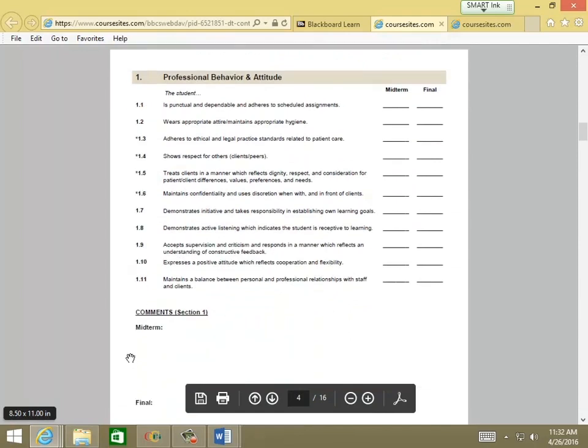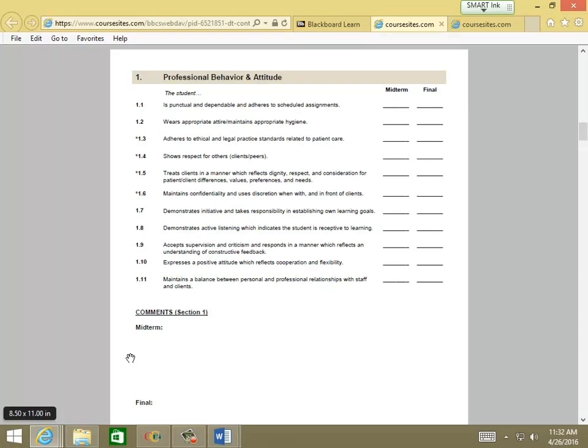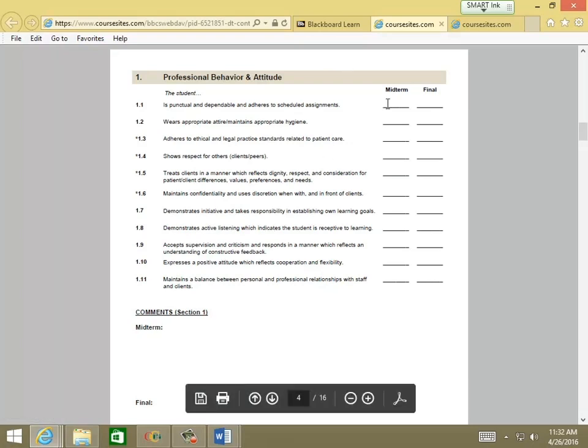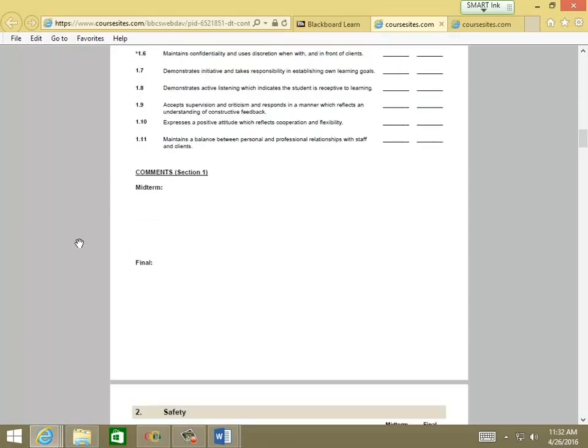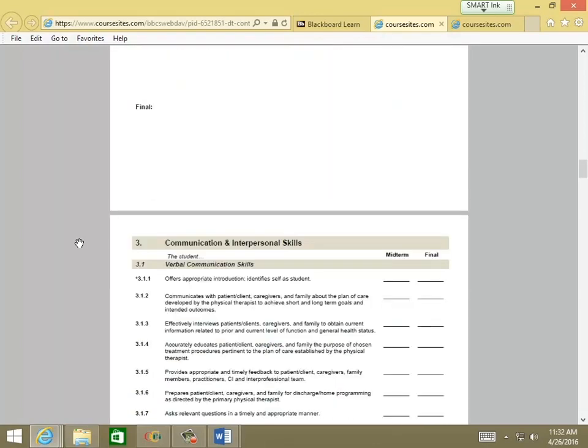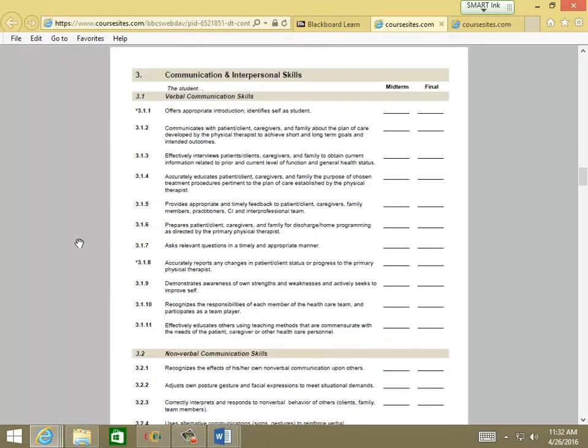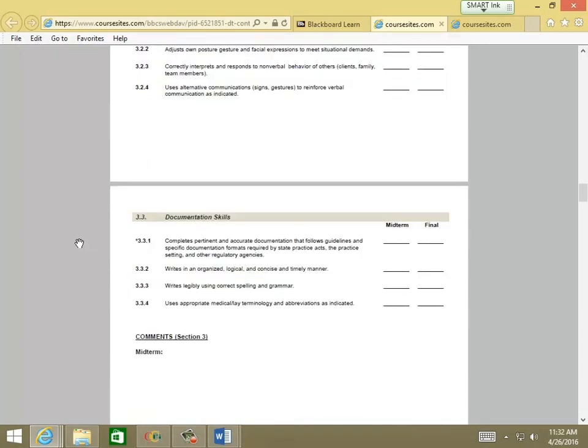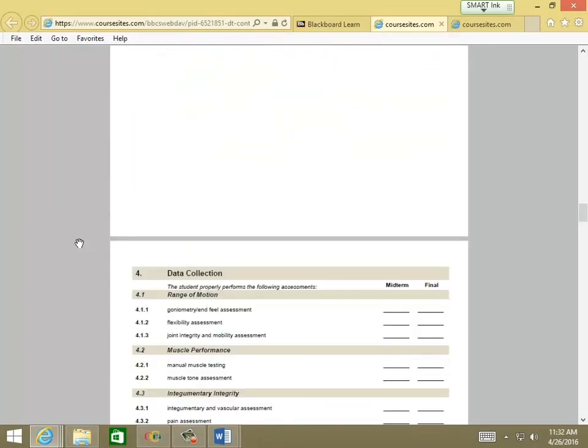All right, moving down to the rest of the form, we won't spend a lot of time here, but I will show you briefly the various grading categories on the form. There's a spot for you to include a score at the midterm and the final. Professional behavior and attitude is our first rating category. We have a category for safety, for communication and interpersonal skills, further subdivided by verbal, nonverbal, and documentation.